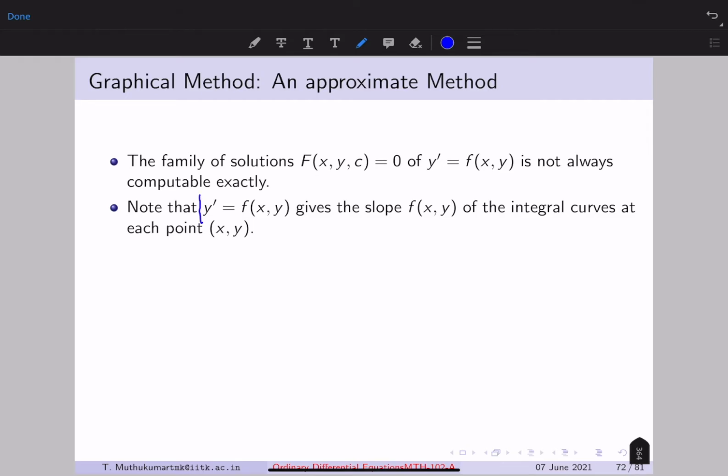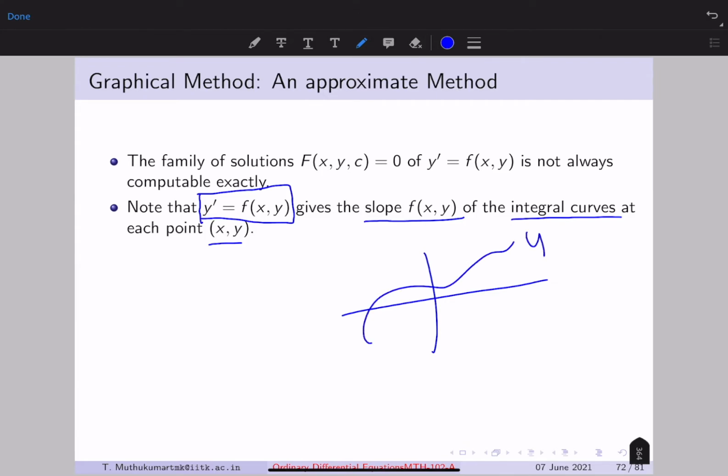So this ODE gives you information. It gives you the slope f(x, y) of the integral curve at point (x, y). So you are in R2, you want to find some y. You don't know what this y is, but what you know is that at every point, the slope of the tangent is f(x0, y0).